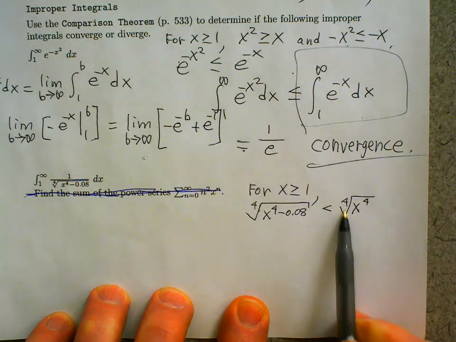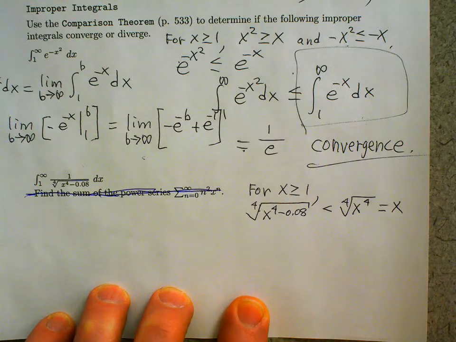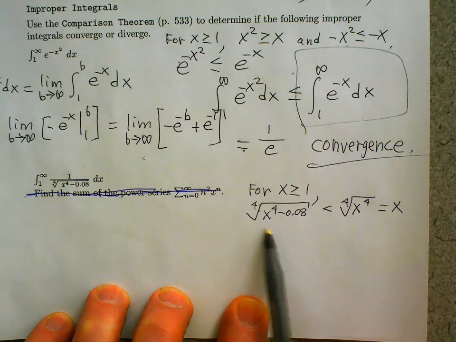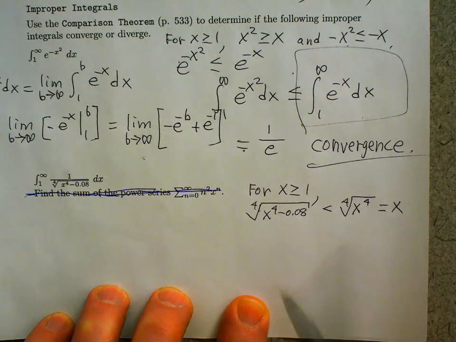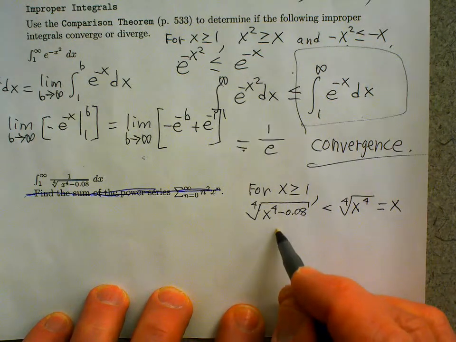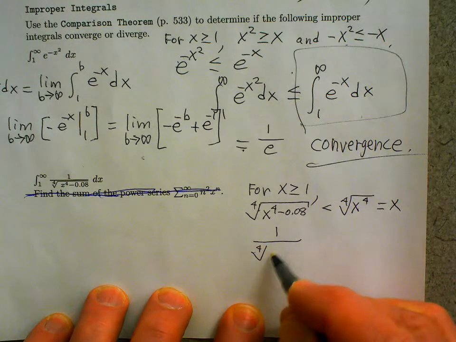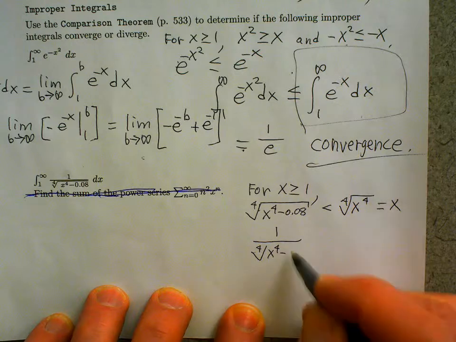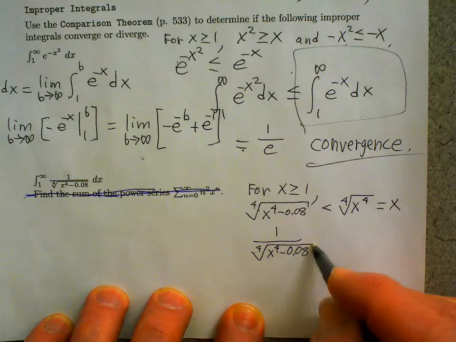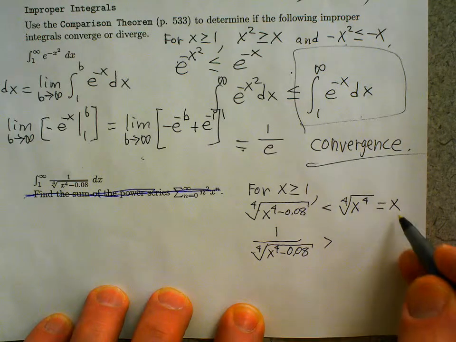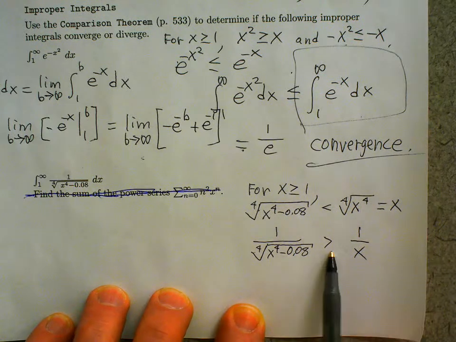But the 4th root of x to the 4th is x. And so if the 4th root of x to the 4th minus 0.08 is less than x, then the reciprocal, 1 over the 4th root of x to the 4th minus 0.08, is greater than the reciprocal of x, which is to say that it's greater than 1 over x.